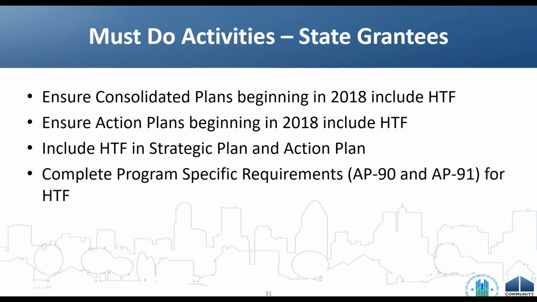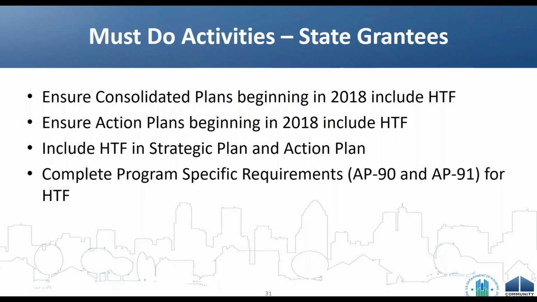So even if you're in year 3 or year 4 of your comp plan cycle, your action plan starting in program year 2018, which is the program year we're just about to start, needs to include HTF. HTF is included in both your strategic plan, in your consolidated plan, and in your action plan.